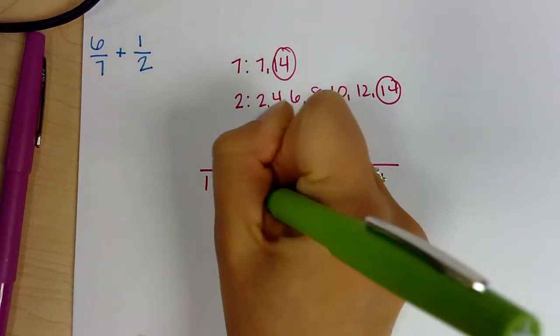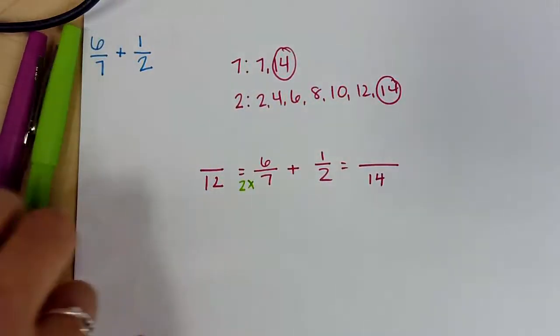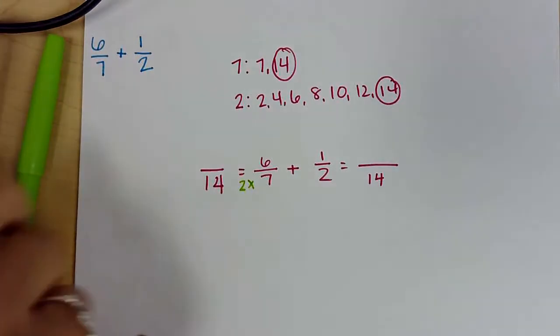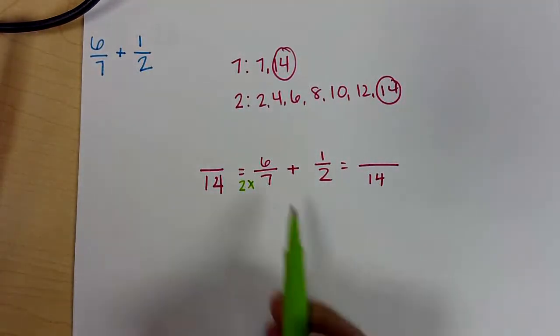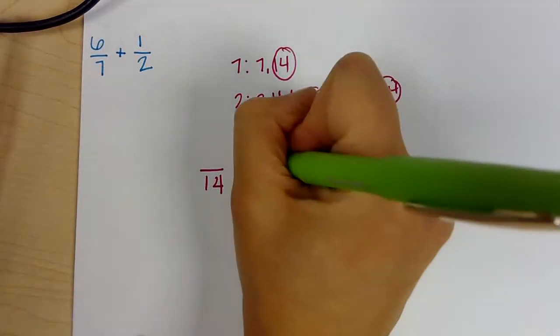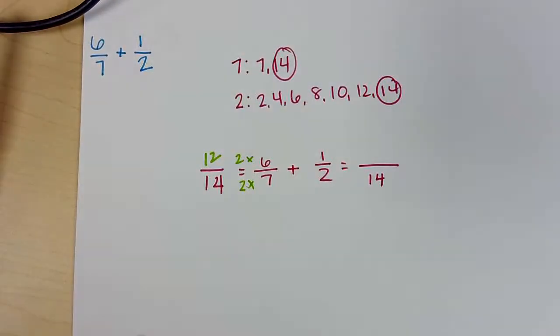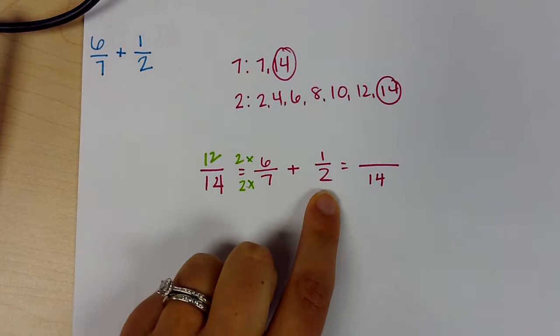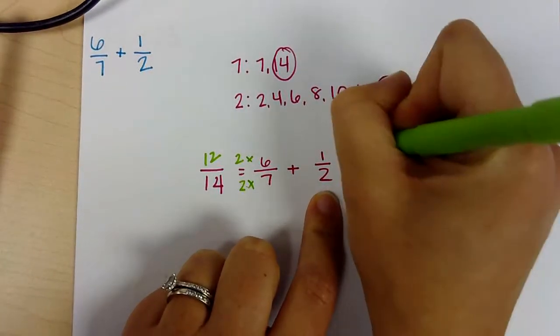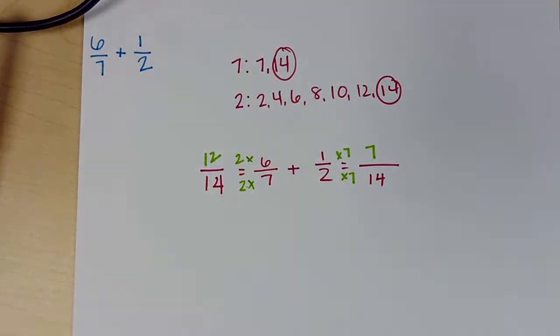7 times 2. Excuse me, I want it to be 14. I wrote 14, said 12. 7 times 2 is 14. Therefore, up here, 6 times 2 is 12. And then on the second fraction, I multiply by 7, getting me 7/14.